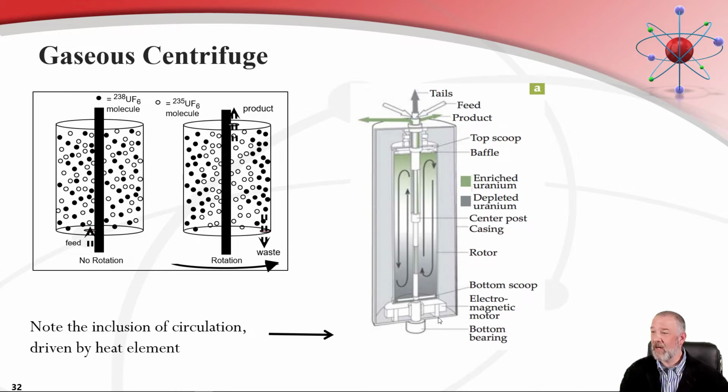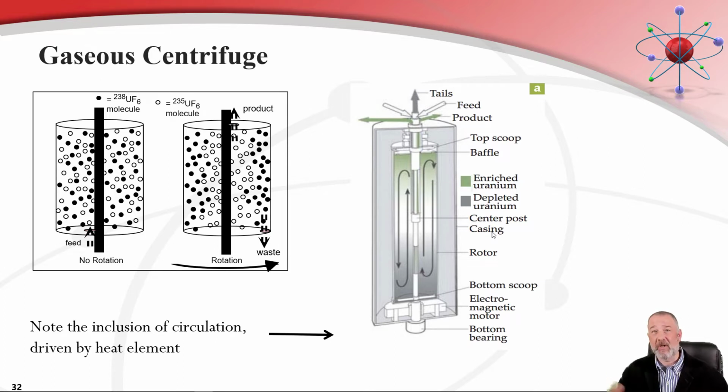We have these things called baffles, which are being shown right here. And then we have scoops, one here at the top, one here at the bottom. The baffles are there so that when we try to pull out our product and waste streams, they are designed in such a way that it doesn't remix the material that's in the centrifuge, undoing basically all the work that you just put in.